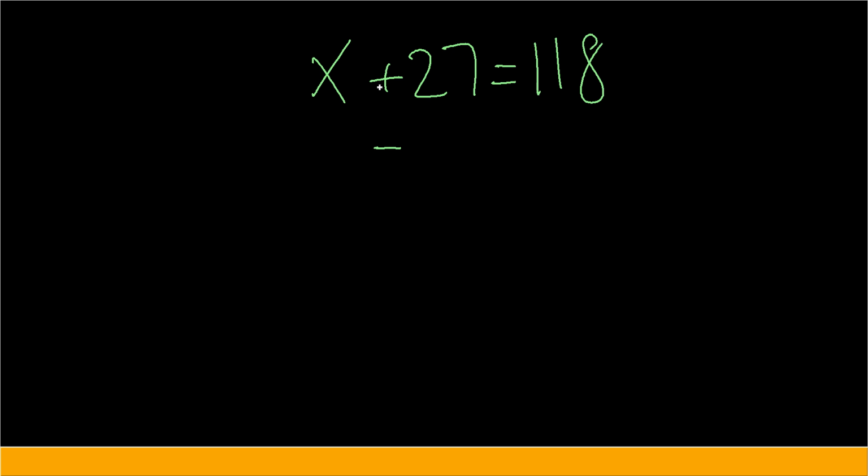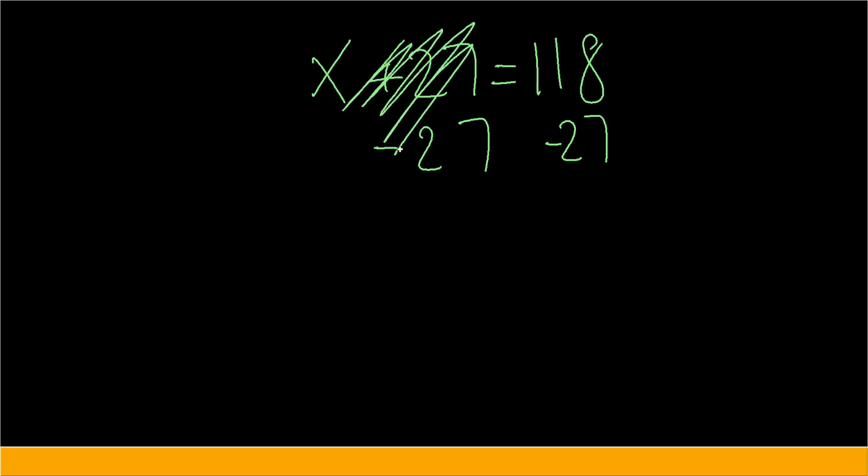Okay, so let's do a second slightly harder example. So x plus 27 equals 118. Now we're still going to do the same procedure. We want to minus 27 from both sides of the equation. So when we have a plus 27 and we subtract 27, that's going to be a 0, so that just cancels out.